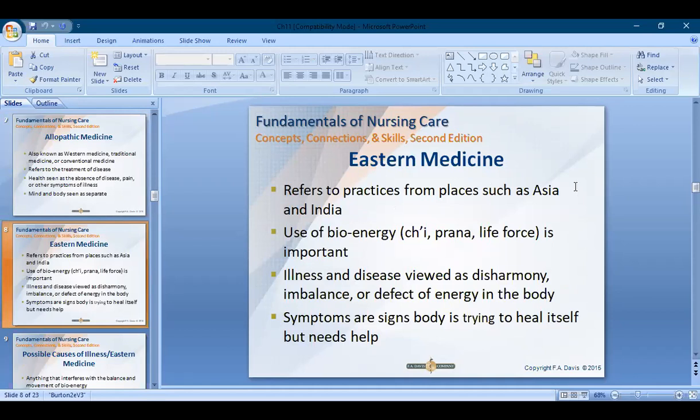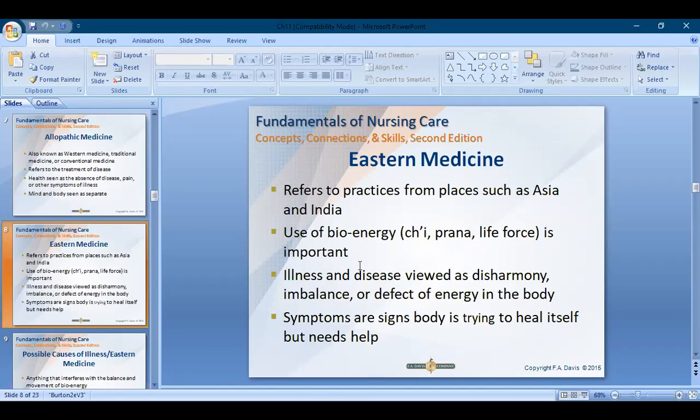When we talk about Asia, the biggest countries in Asia are China and India, and also the Middle East, which is a combination of some countries. The use of bioenergy is very important. Sometimes it's called Ayurvedic medicine, right?